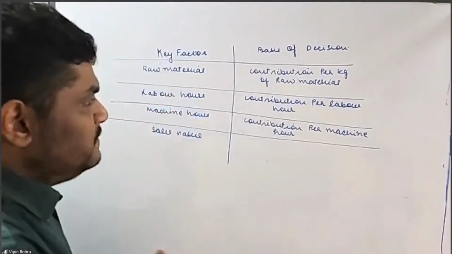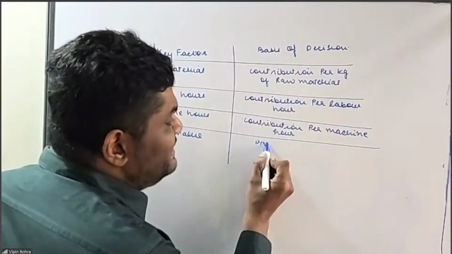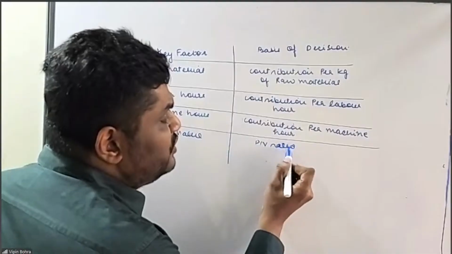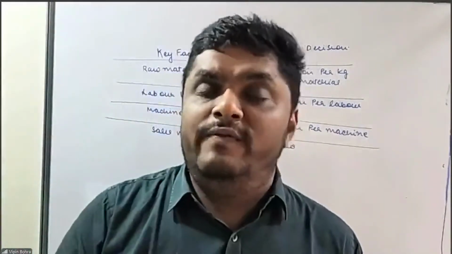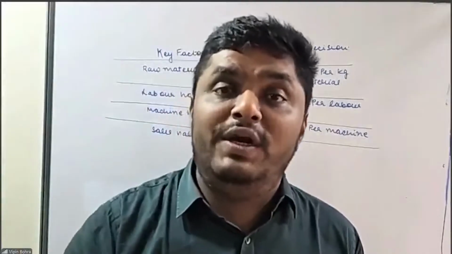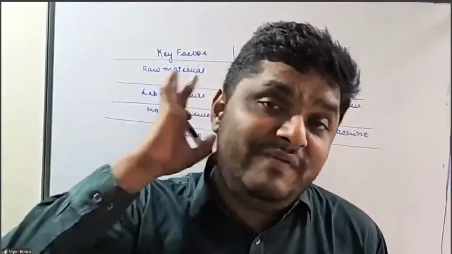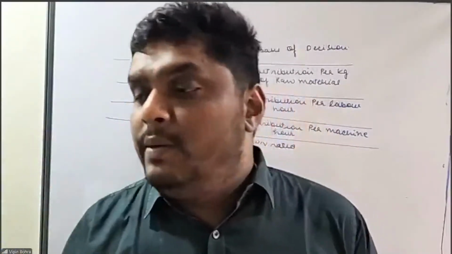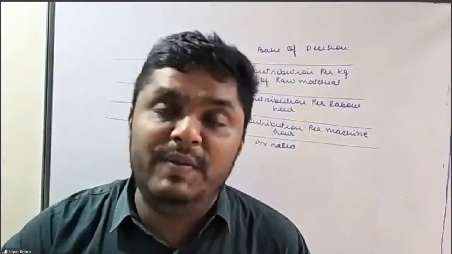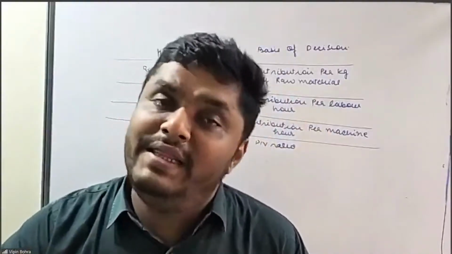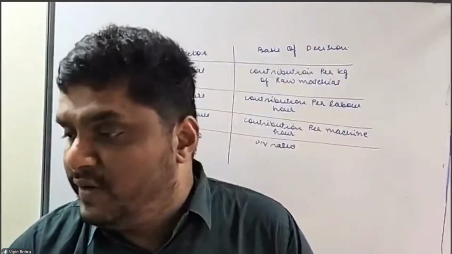So if the sales value is the limiting factor, the basis of decision will be PV ratio. And if the sales limitation is 1 crore, we will manufacture and sell that product wherein we are getting the highest PV ratio. Because if a particular product has the highest PV ratio, then only we will get the maximum contribution and profit.